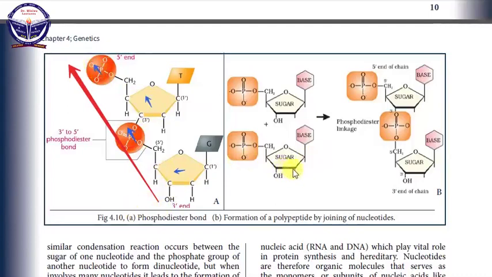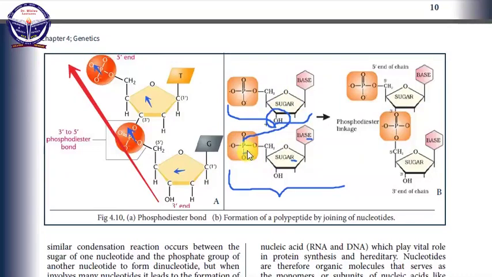You can also observe this phenomenon here, and in this case we have a base, a sugar, and the phosphate. So this is one nucleotide and this is another nucleotide. Then when they bond, this phosphate will bond to the carbon atom number 3 of the next sugar.